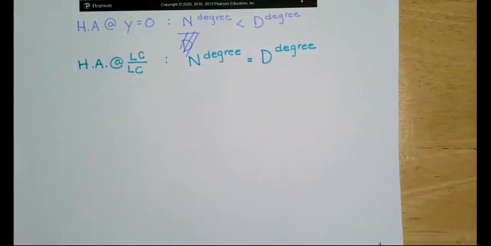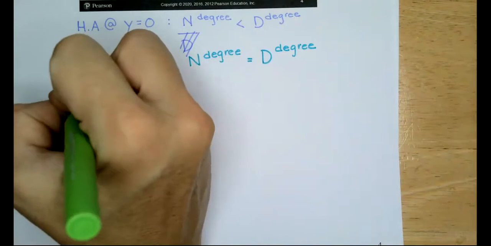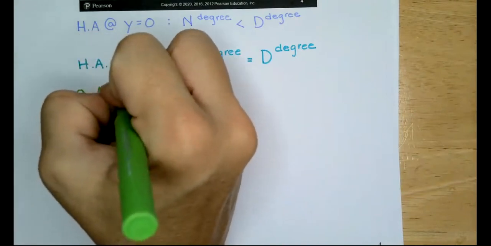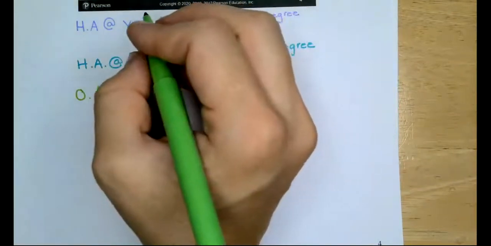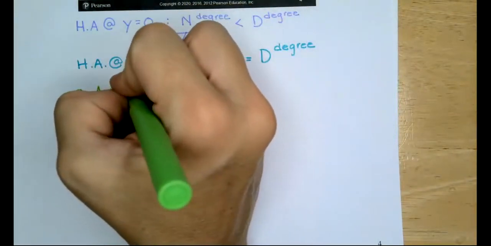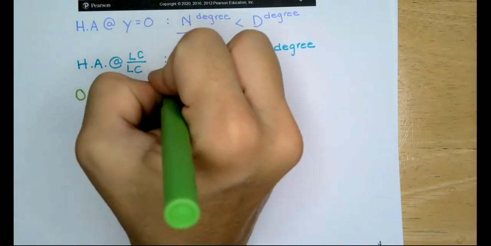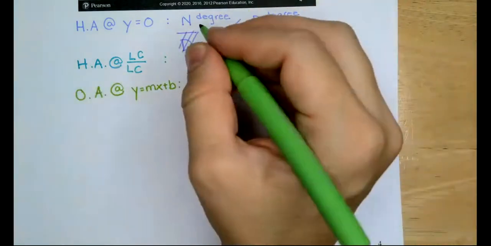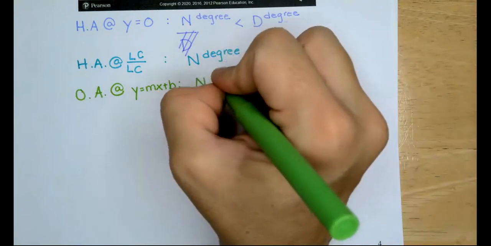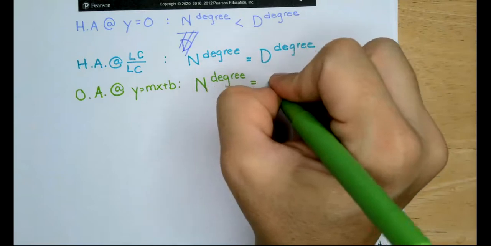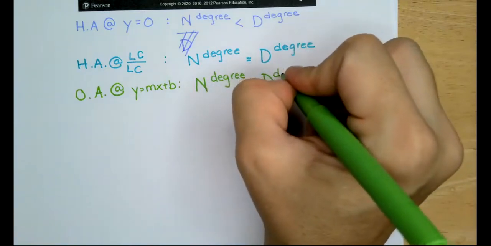If we have an oblique asymptote at y equals ax plus b, or y equals mx plus b, that is because the degree of the numerator is equal to the degree of the denominator plus 1.